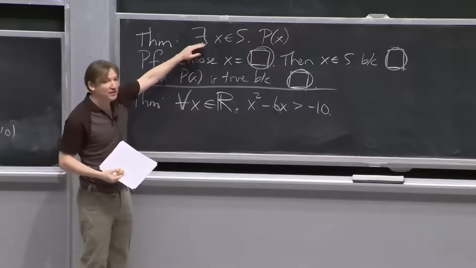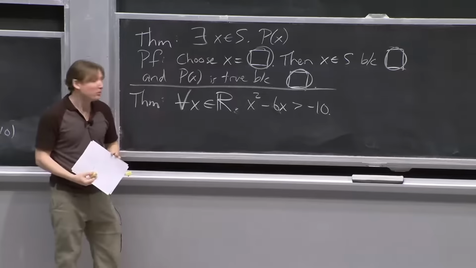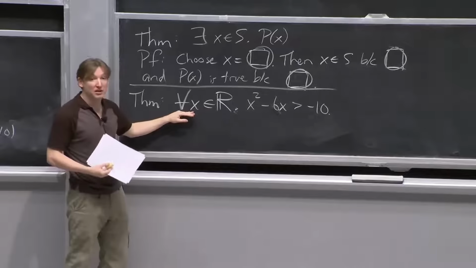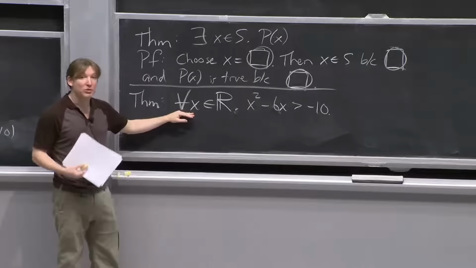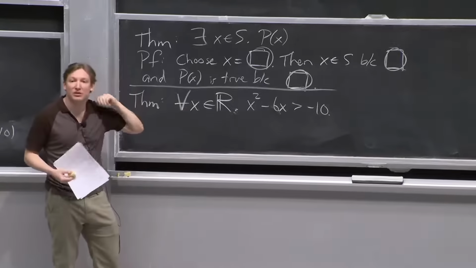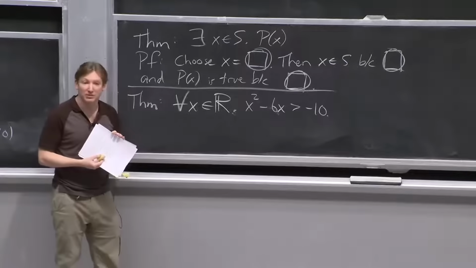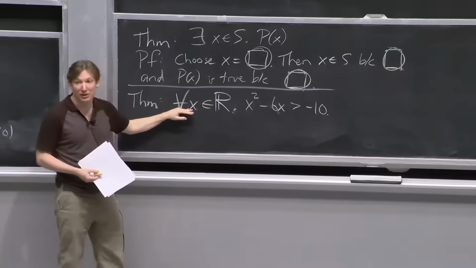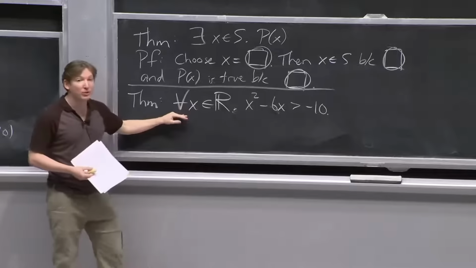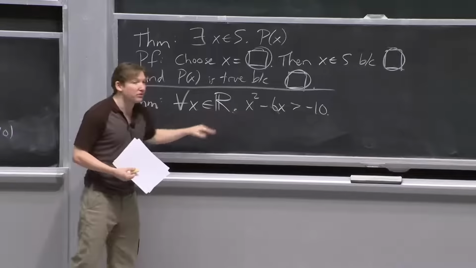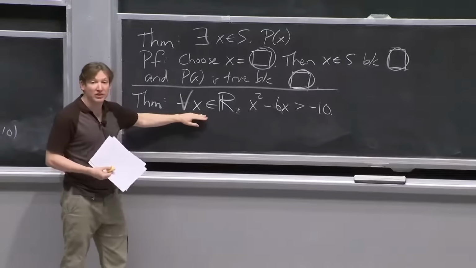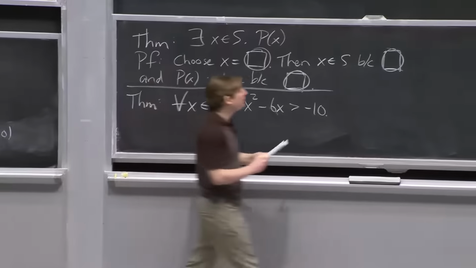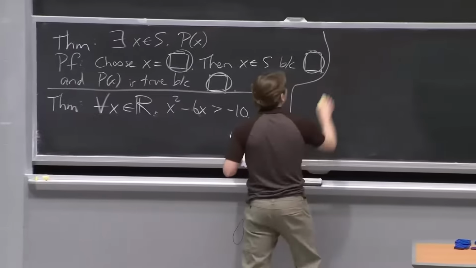When we're asking about exists, we need just a single example. But when we're asking about for all, examples aren't enough. Remember last time when we talked about n squared plus n plus 41 being prime lots of times? Well, it's not prime every time. If we're trying to prove a for all, we need to show that the property is true for every possible choice of x. And in general, let's see what this outline might look like.